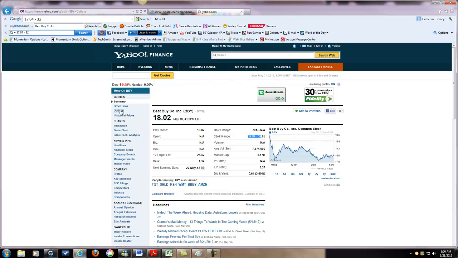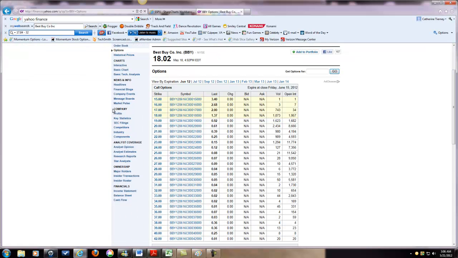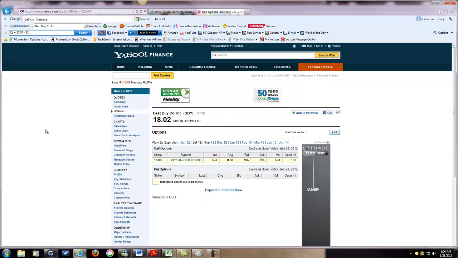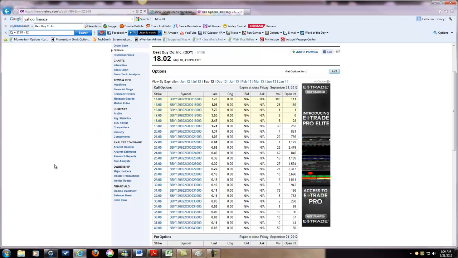But I want to look at some options that are longer term out, beyond June. So the first thing I would do is come to July, which they kind of don't have. I'll have to check my brokerage account, but it doesn't look like they have a whole lot listed here. I don't know why Yahoo does this, but we'll look at some Septembers. Maybe on the watch list I'll list some July calls.